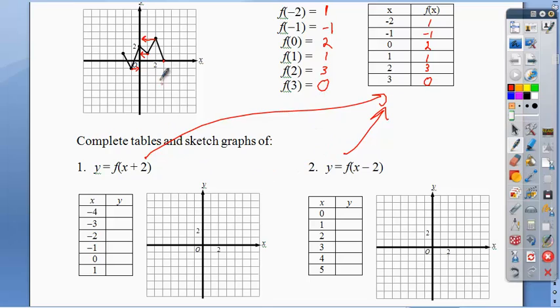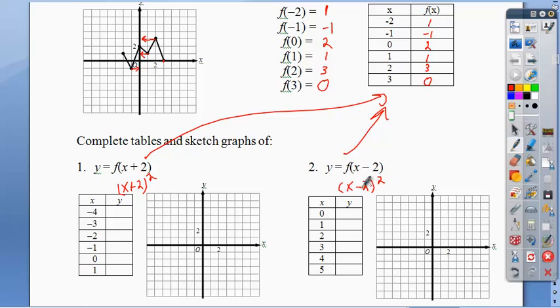So let's go ahead and jump right into this f of x plus 2. The first thing I want to share with you guys is that this f is really just any basic function. When we talk about, say, a quadratic, it could look like x plus 2 squared, and this one would be something like x minus 2 squared.